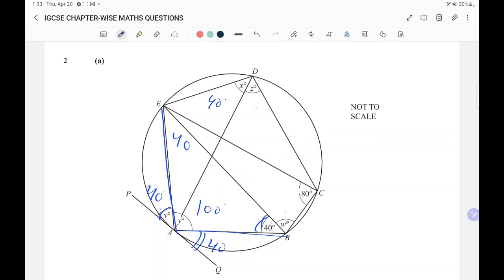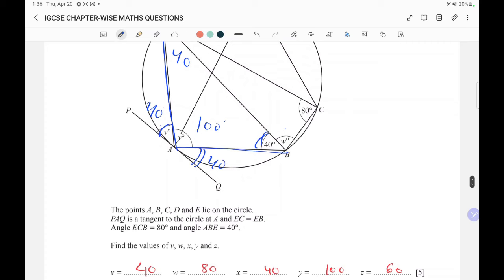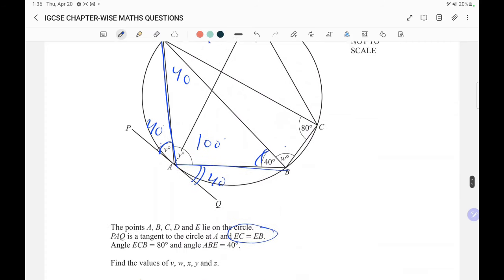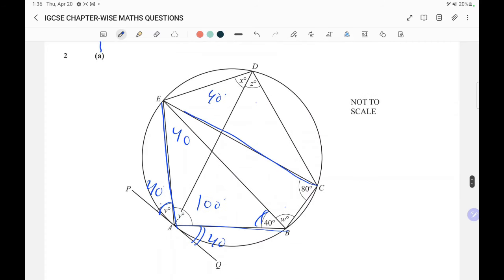So how can we find Z and W? Let's read question. Here it says EC equals EB. So E to C equals E to B. It means this angle should be same. So this is 80. So this should be 80.